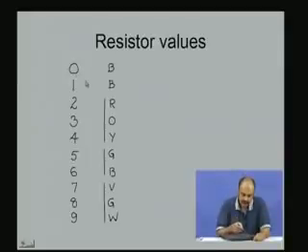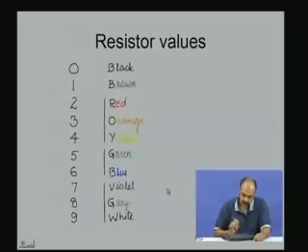We see here on the slide these numbers from 0, 1, 2, 3, 4, 5, 6, 7 and so on, and each number has an associated color, which I am writing here. 0 is represented by black, 1 is represented by brown, 2 by red, and so on. 3 is orange, then yellow, green, blue, violet, gray, white, till 9. So each color as given represents a numeric value.